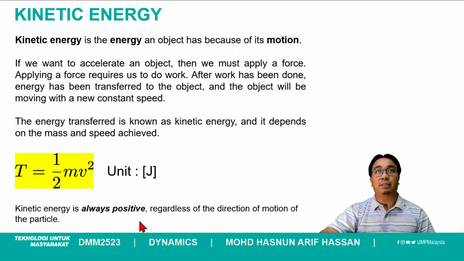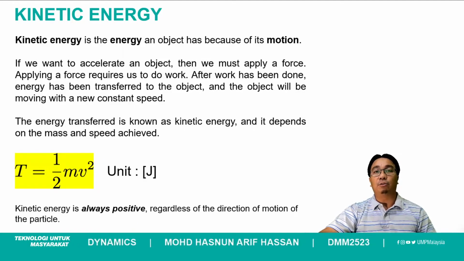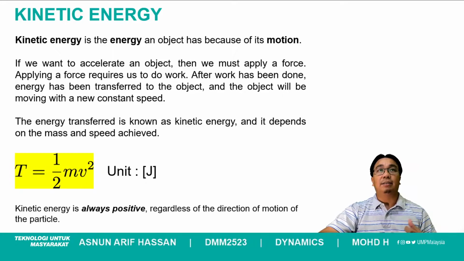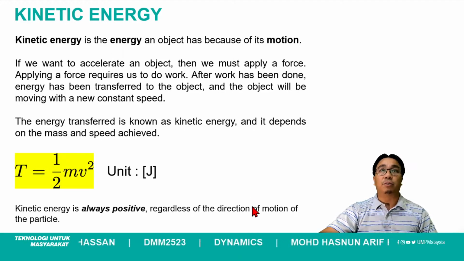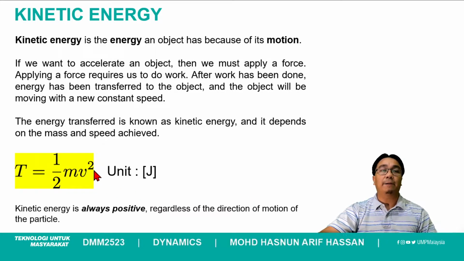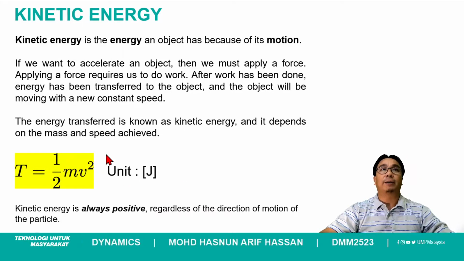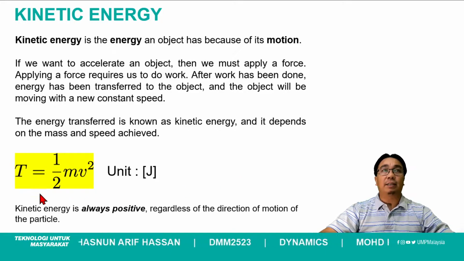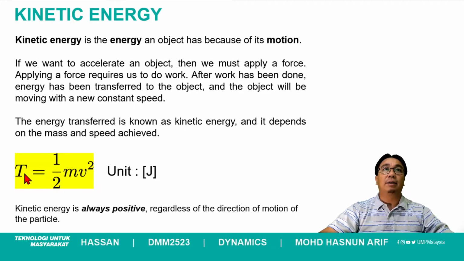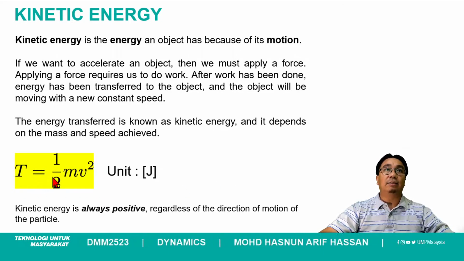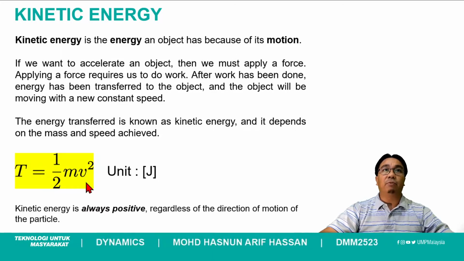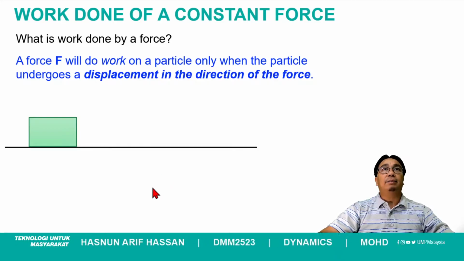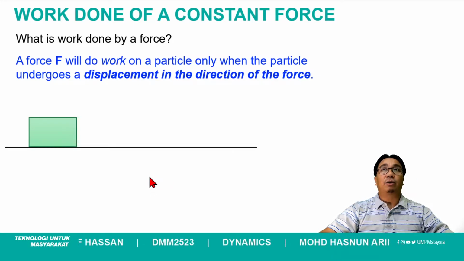Seperti yang saya mention tadi, kalaupun particle itu bergerak dalam negative direction of the axis, the kinetic energy is also positive because kita squarekan the velocity. Okay, that is all about kinetic energy. So simple saja, what you have to remember is the kinetic energy T is equal to 1/2 mv squared.